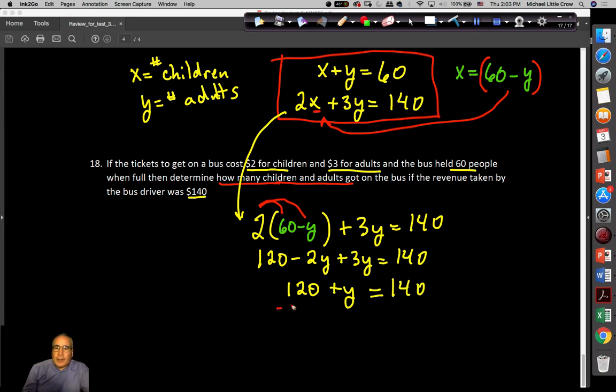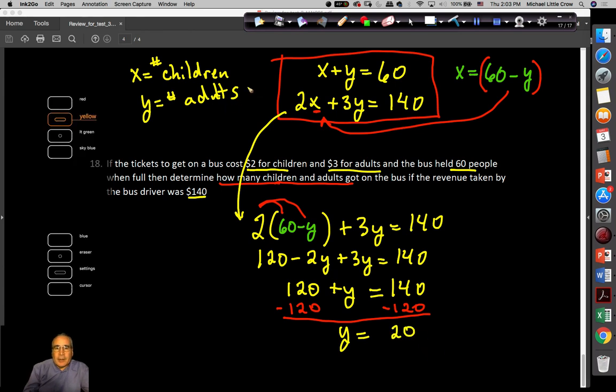Solving for Y, we subtract 120 from both sides, and we end up with Y equals 140 minus 120, 20. That's the number of adults.